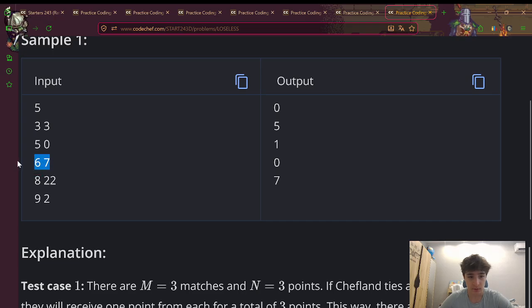They have 1 loss, and how is it possible? For example, at 6 and 7, they have won 3 times, yep. 3 times win, and oh crap, no, that's impossible. They could win 2 times.